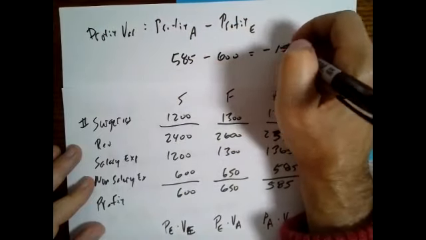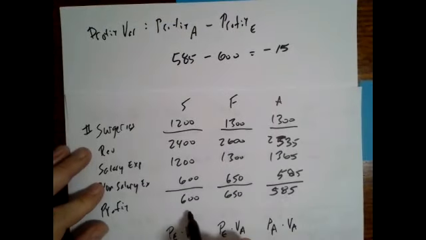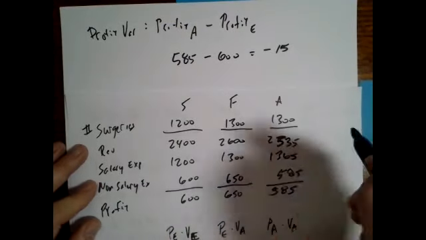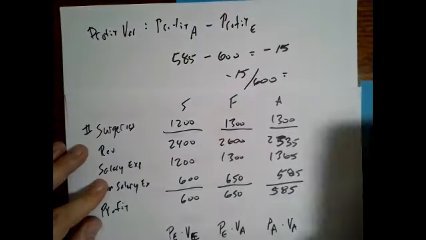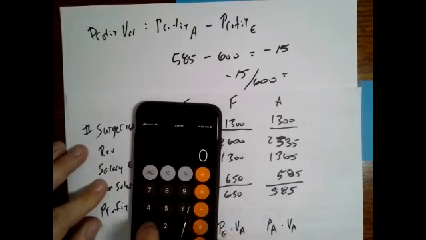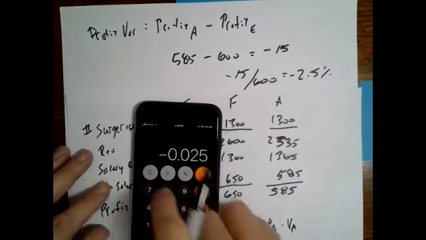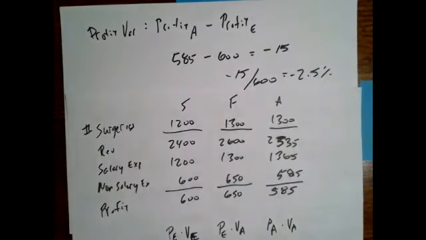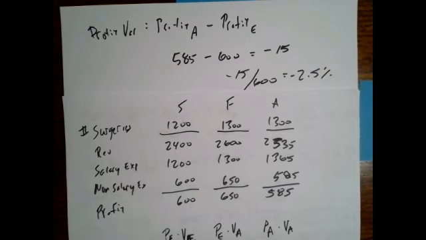So we were off by negative 15. And we thought we would have 600 in profit, our static. So negative 15 divided by 600 is negative 2.5%. So our estimates missed our actuals by 2.5%.